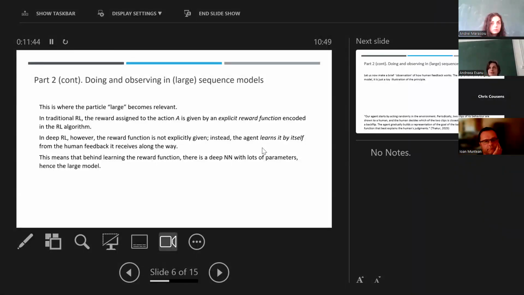In deep RL, however, the reward function is not explicitly given. Instead, it is learned. The agent learns it by itself from the human feedback it receives along the way. This means that behind learning the reward function, there is in fact a deep neural net with lots of parameters, hence the large model.